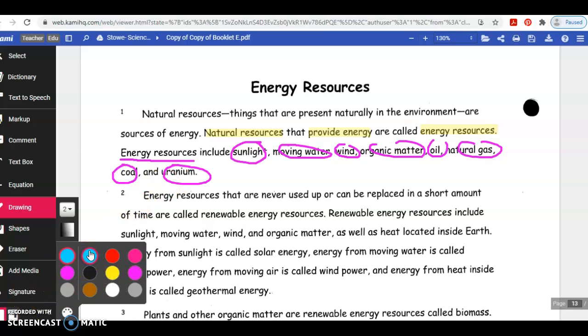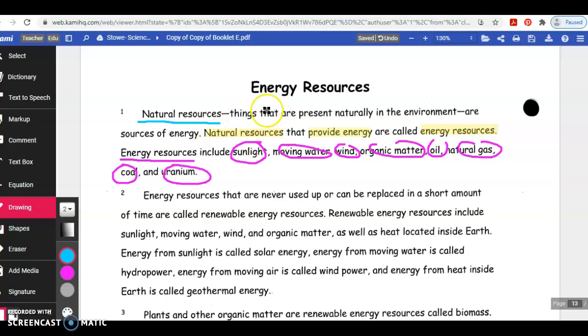And using a different colored pencil, I want you to underline the first sentence, natural resources, and then I want you to circle present naturally in the environment. That is what a natural resource is.